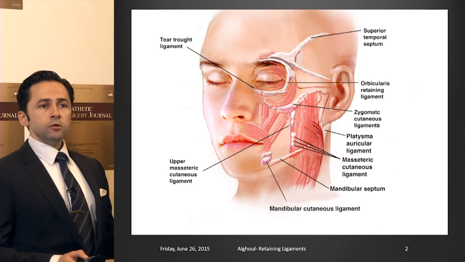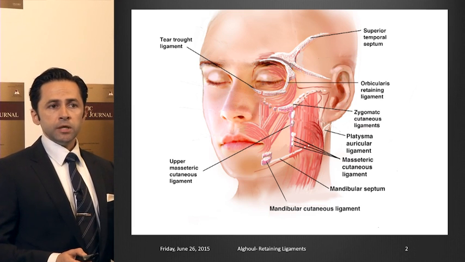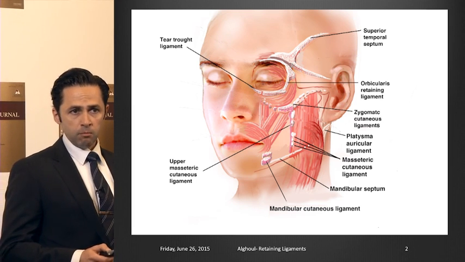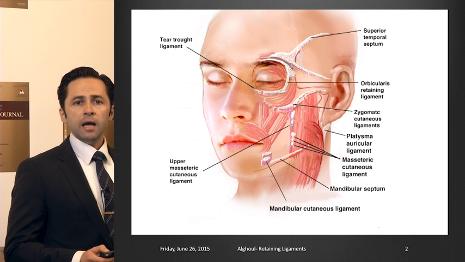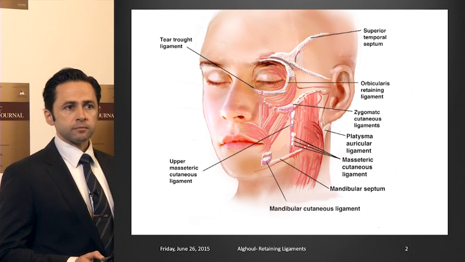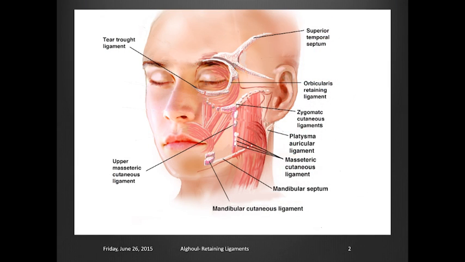Another thing that we wanted to demonstrate is the relationship of these ligaments to the muscles of facial expression and the muscles of mastication. As you can see in this illustration, not only does it show all the retaining ligaments combined, it also shows the relationship of each one of them to the corresponding muscle.